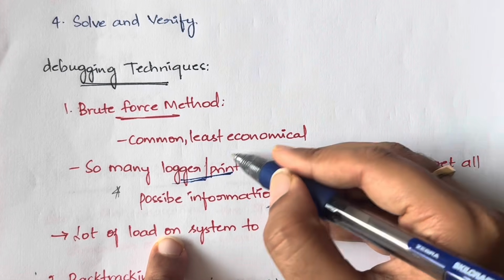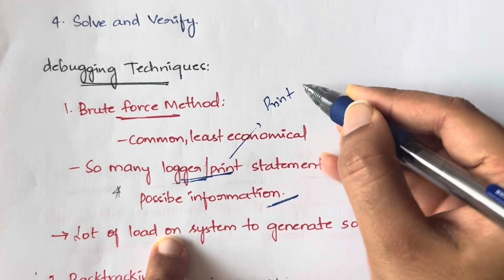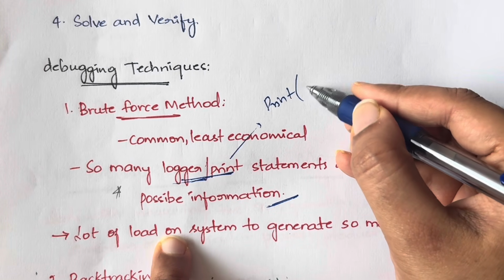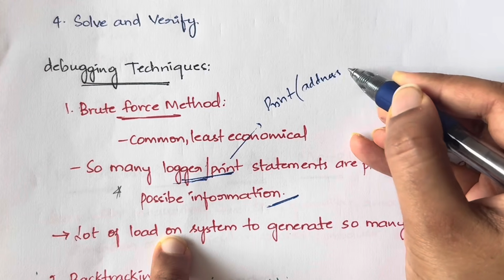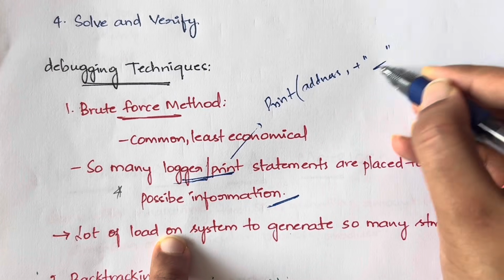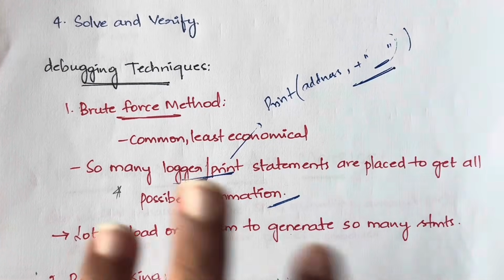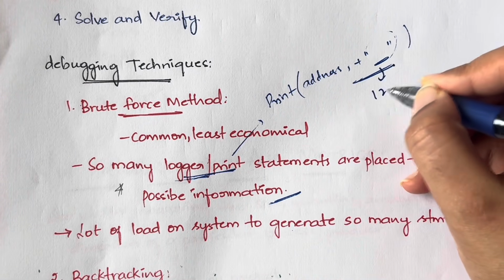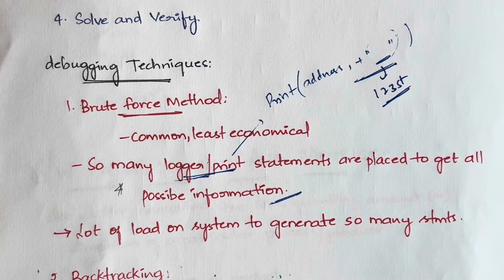So let's say you add a print statement which says print address. Okay, and then you'll try to print that variable. So here it will print the address. What will it print? It will print 123 street. Okay, that means something is wrong.